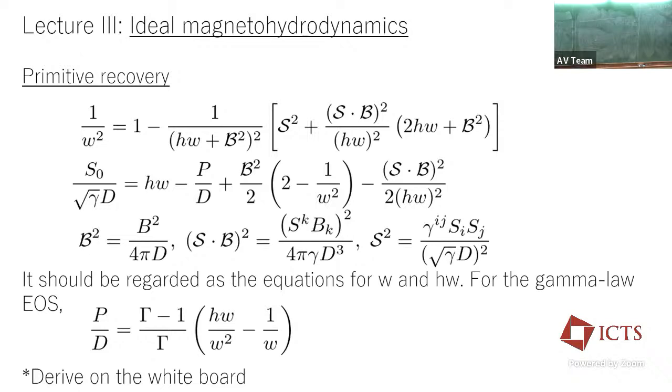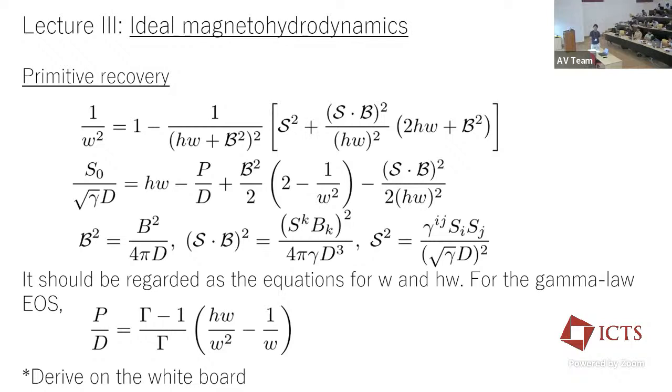The point here is that the Lorentz factor, the unknown quantity omega, is written by the unknown quantity h times omega plus a known quantity. Here is b square, s square, and the other term is here, and here is just calculated from the conserved quantities, which should be obtained from the Euler MHD equations and the Maxwell equation as well, right?